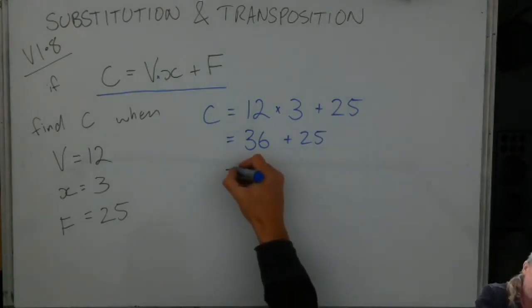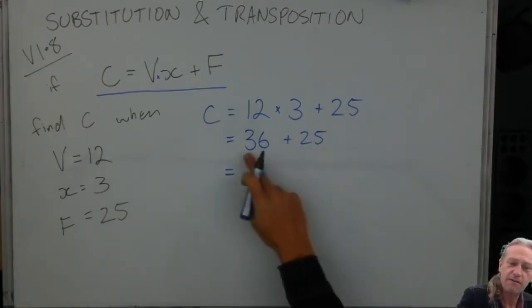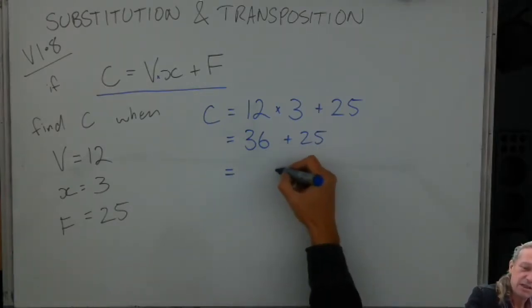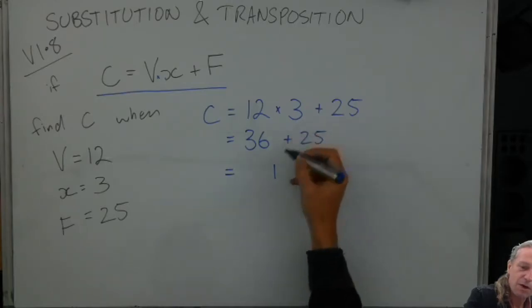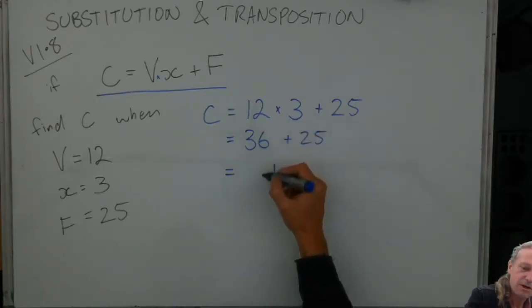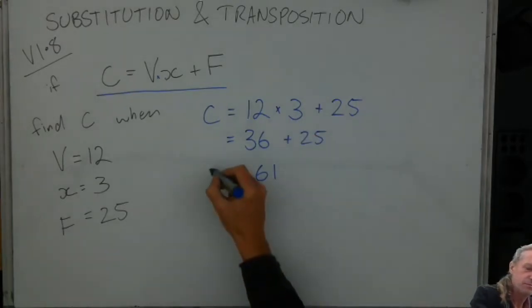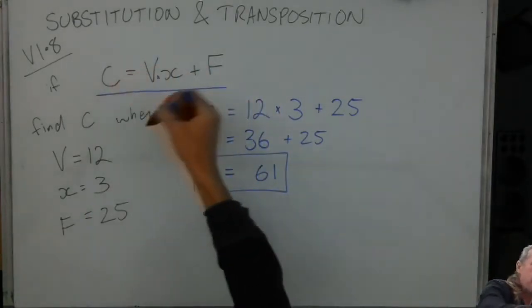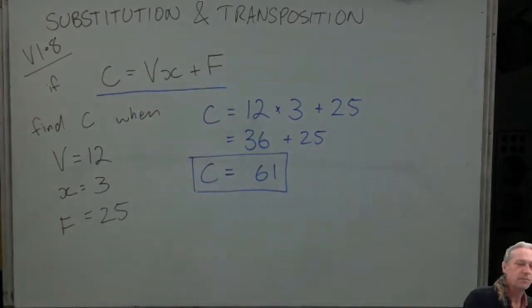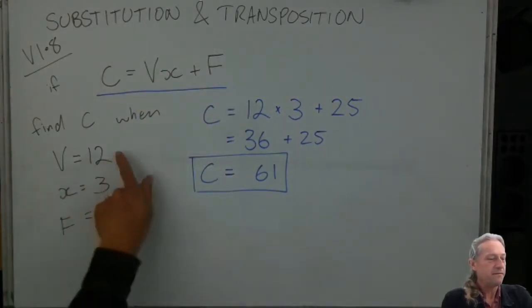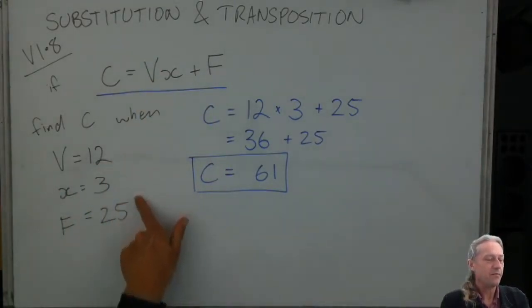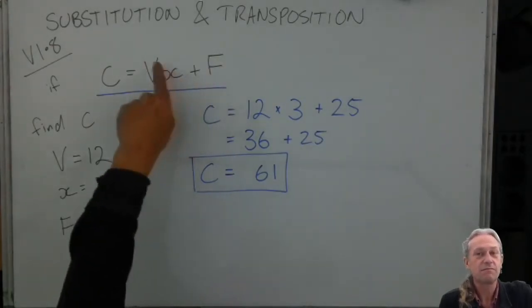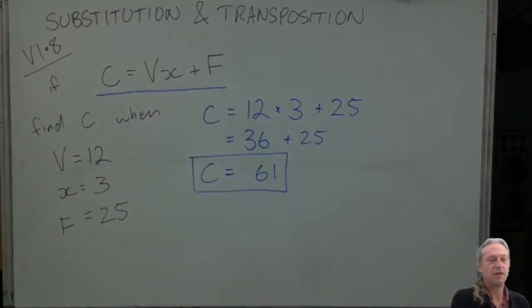So the final step here, 36 plus 25: 5 plus 6 is 11, carry the 1, 2 plus 3 and 1 is 61. So in this equation, if these are the values of these variables, then the thing on this side of the equals is 61.